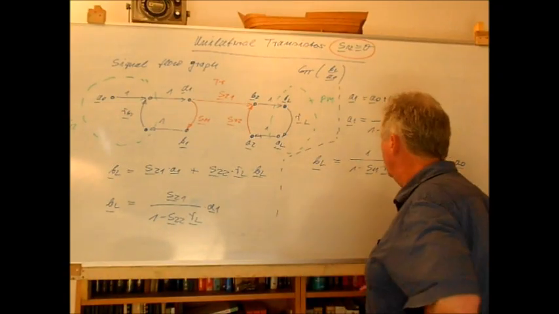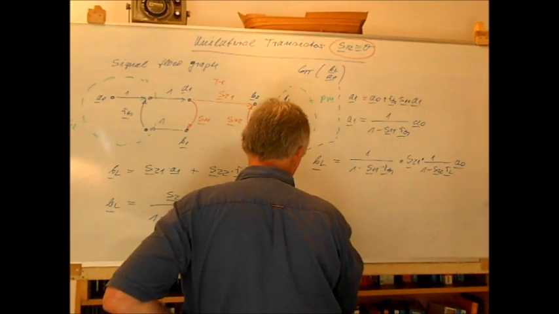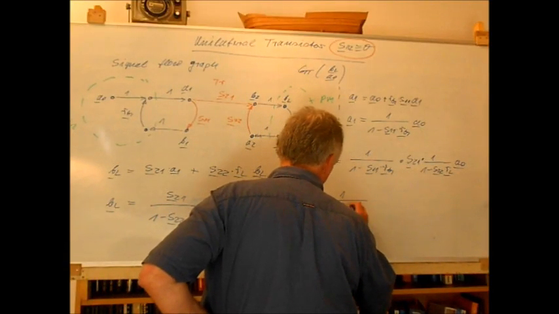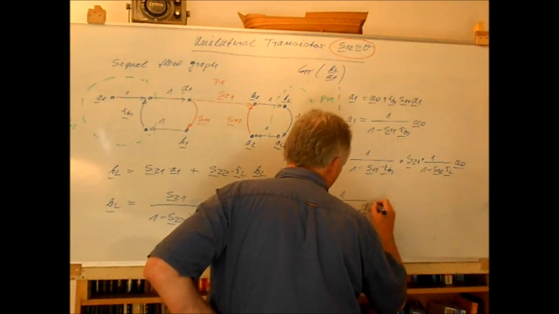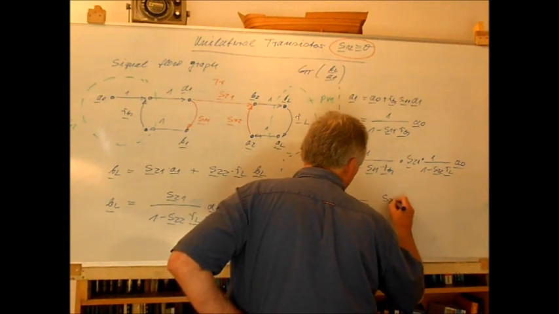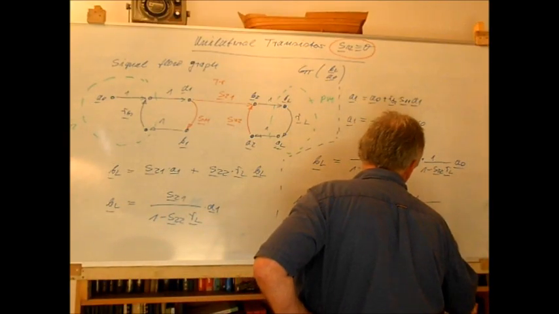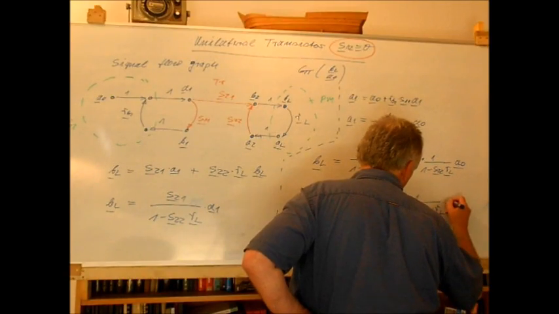So what we have here is, perhaps I'll write it here again, BL is 1 over 1 minus S11 times RG times S21 times 1 over 1 minus S22 times RL times A naught.